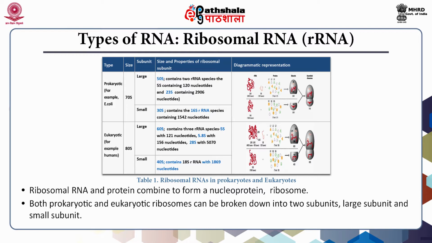The large subunits act as ribozyme. The subunits are named according to their sedimentation value in the centrifugal field and measured in Svedberg units. In the picture, you can see different units and their Svedberg values of different kinds of ribosomes.